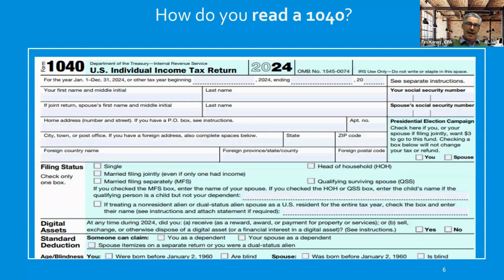This is the top part of page 1 of Form 1040, where you identify your filing status. This has been around for a while, since 2022, but the IRS wants to know if you've got digital assets, and you're required to check either yes or no.